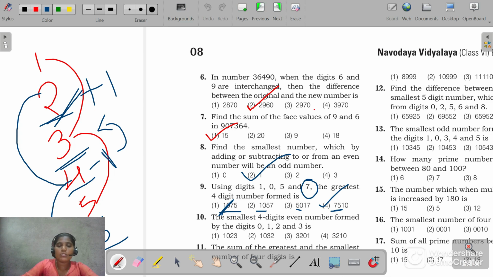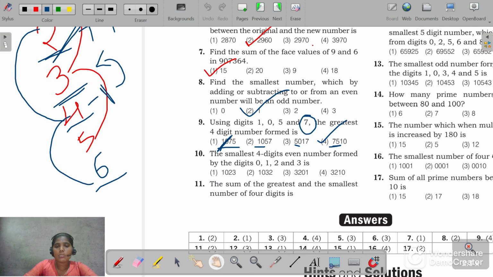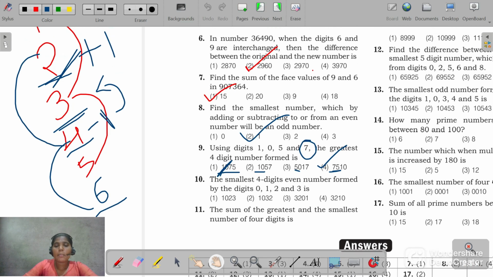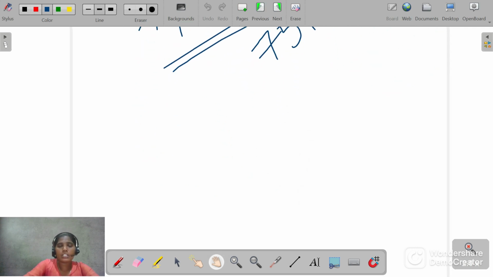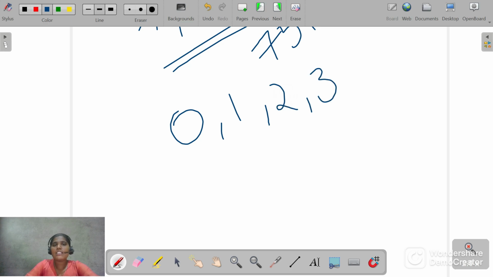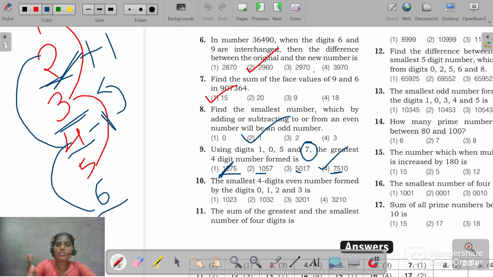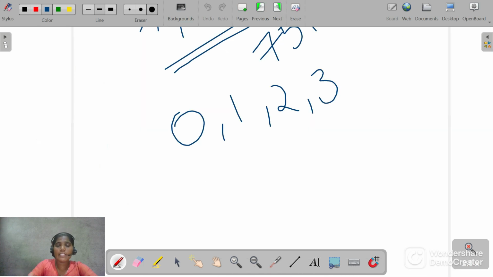Okay. So next question, it's 10. The smallest four-digit even number formed by the digits 0, 1, 2, and 3. We have to find the smallest four-digit number. What was the number there? It was 0, 1, 2 and 3. And they asked us to form the smallest four-digit even number.